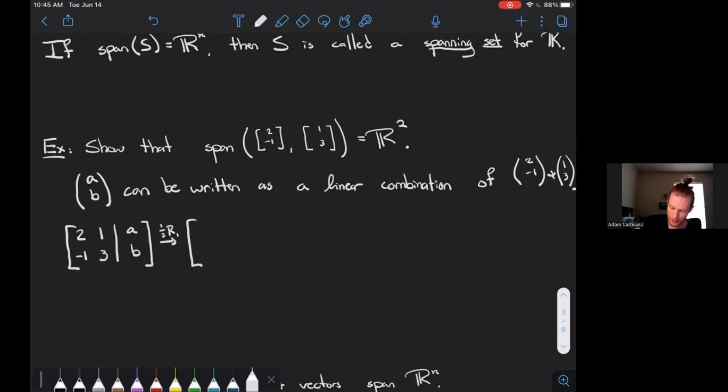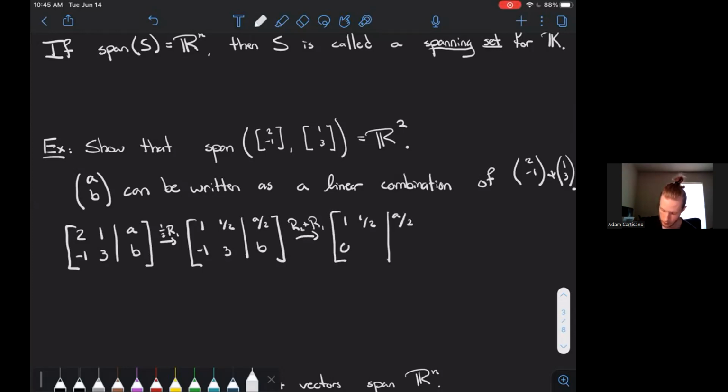So this will be like 1/2, A over 2, and then -1, 3, B. Then we'll add row 1 to row 2. So row 2 plus row 1. So 1/2, A over 2, 0, 7/2, and B plus A over 2.